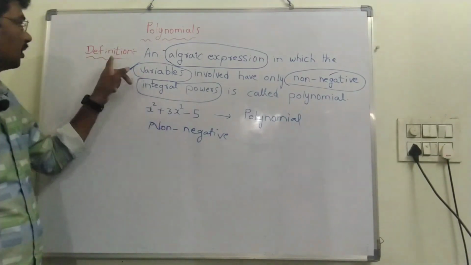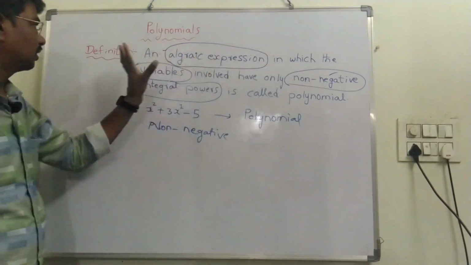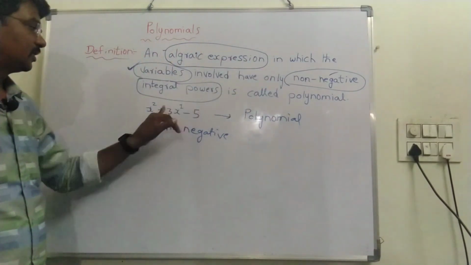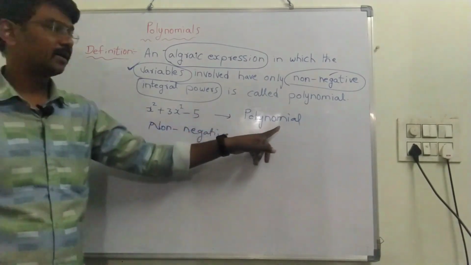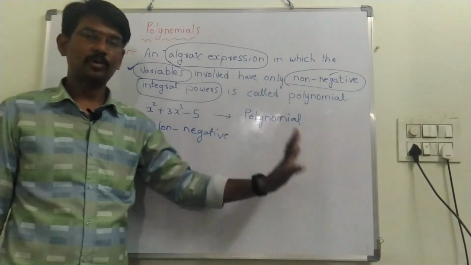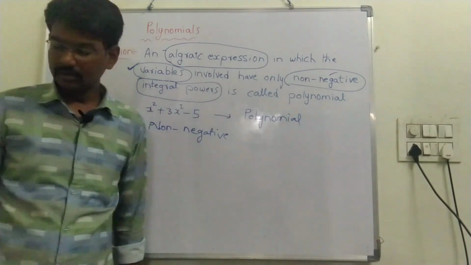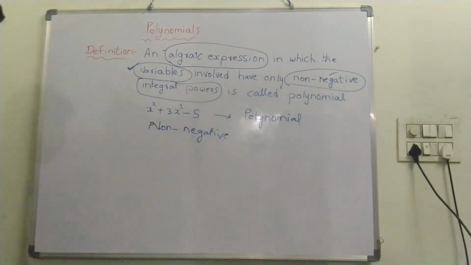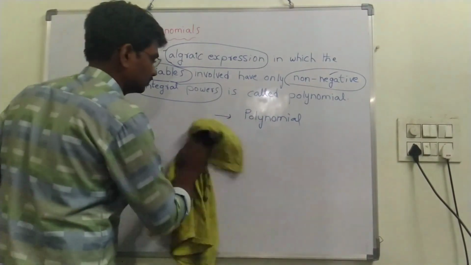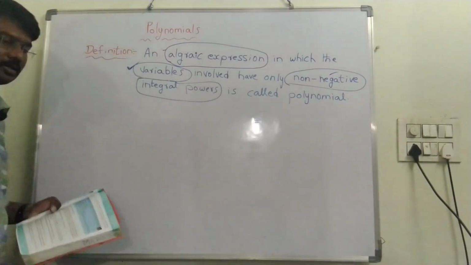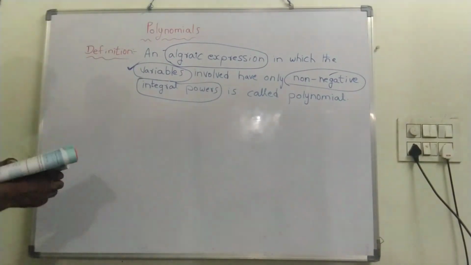So according to this definition, this given algebraic expression is a polynomial. I think you understand. So, if you understand this, let us have some exercise about this. Find out whether it is a polynomial or not a polynomial.